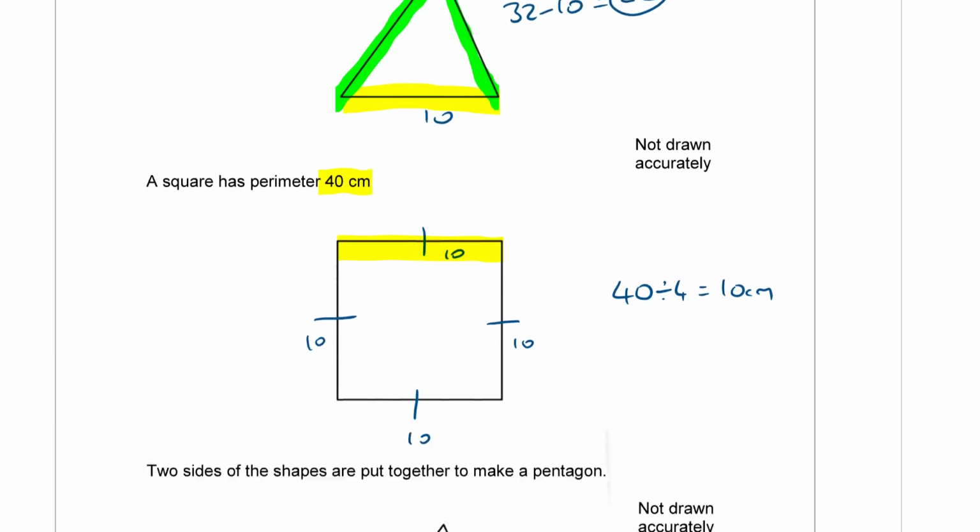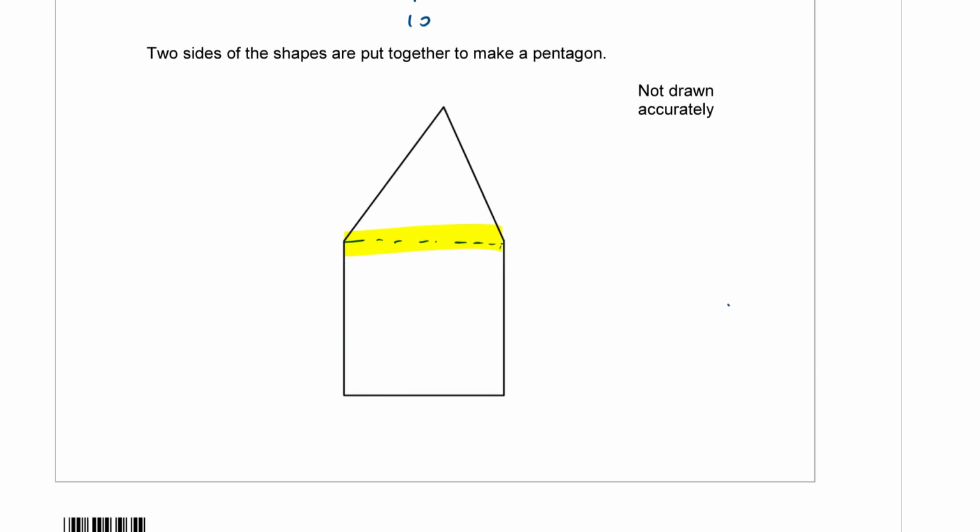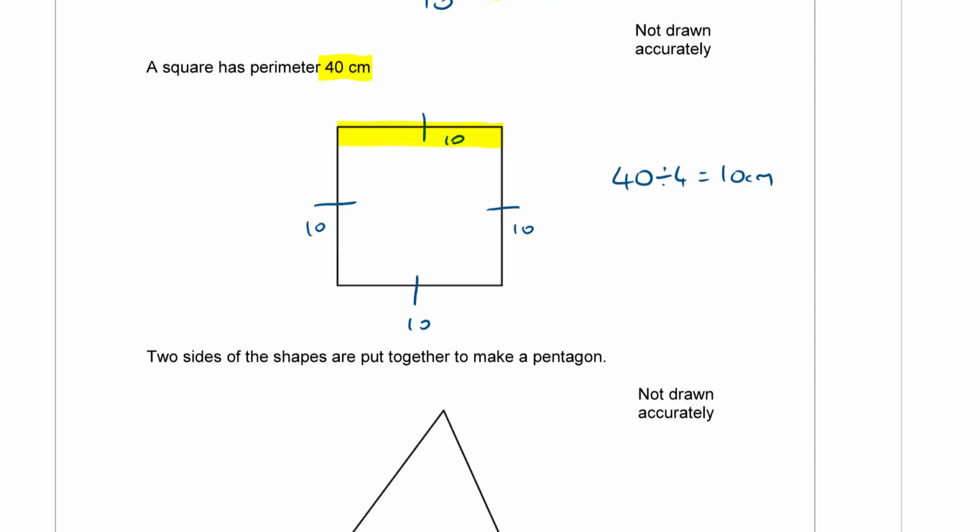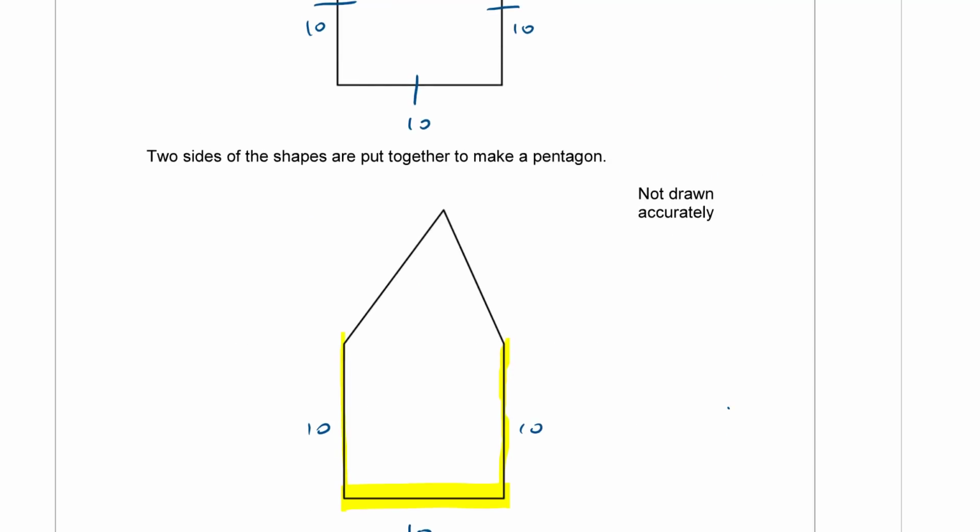Okay, so coming back to my diagram down here then, let's get rid of that bit there. We know that this side is one of the sides of my square, and so is this one, and so is this one. So they must be 10 each, 10, 10, and 10. And we know that these two sides are the top two sides of my triangle, and between them they add up to 22.